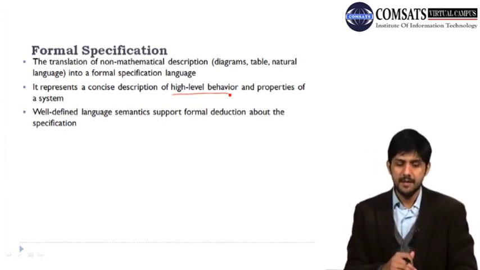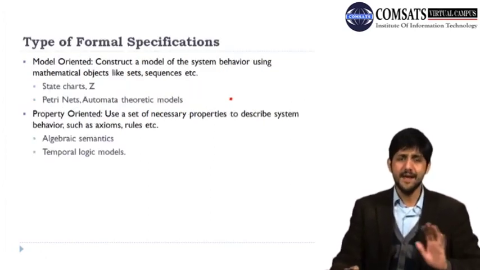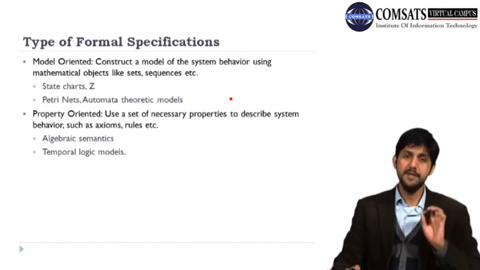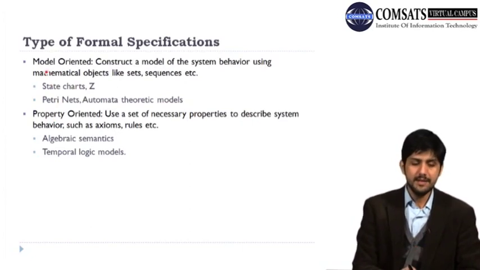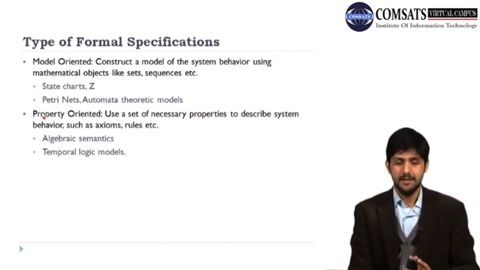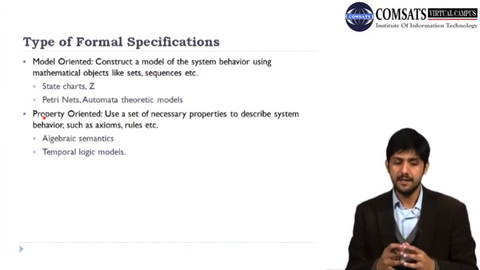Well-defined language semantics support formal deduction about the specification. And we discussed in the previous lecture the different types of formal specifications. We have model-oriented methods and we have property-oriented methods. In the model-oriented method, we construct a model of the system behavior using mathematical objects like sets and sequences.